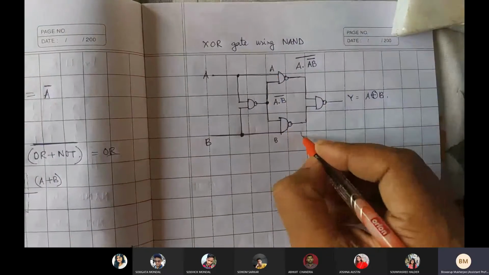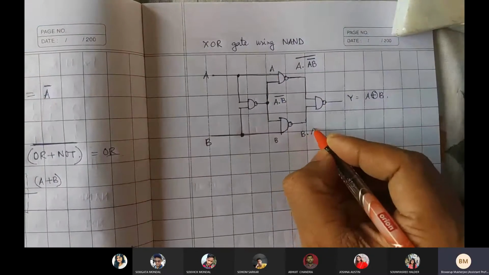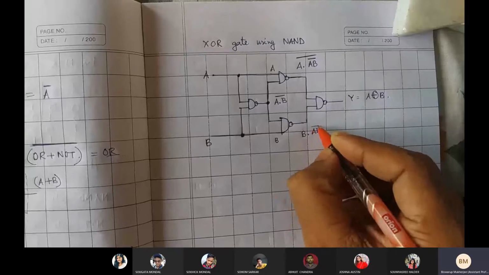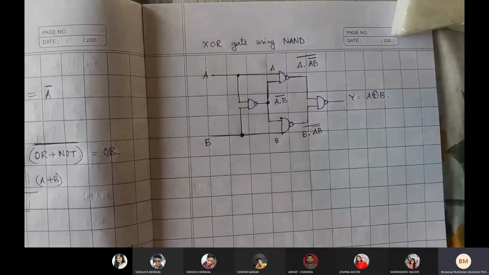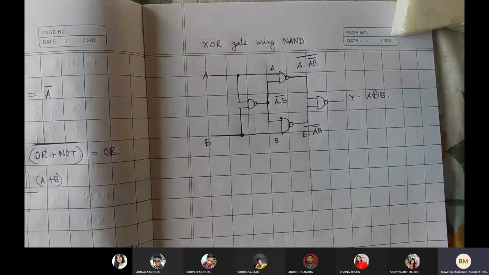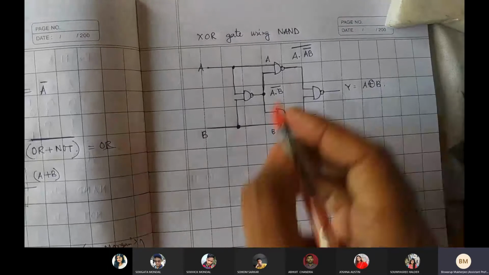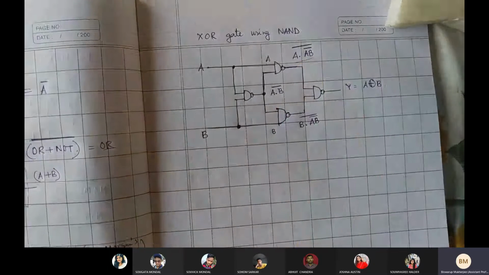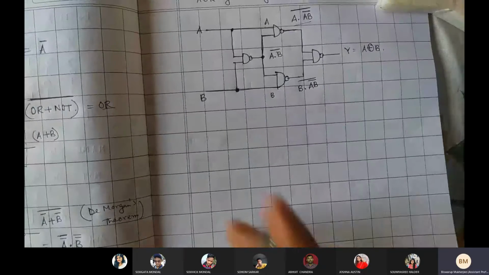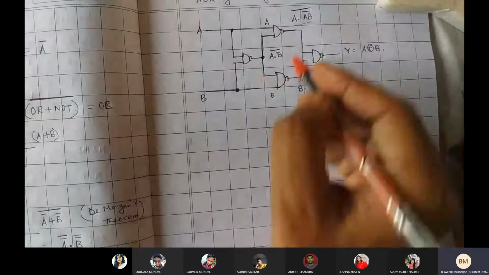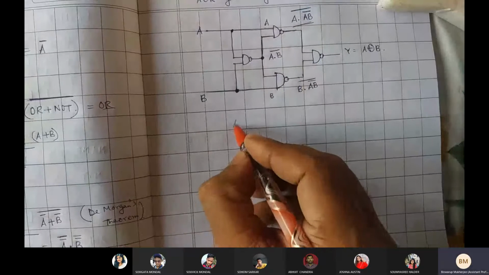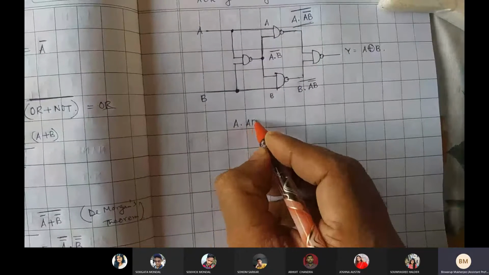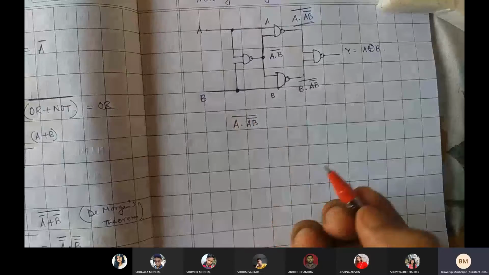And we'll be getting here B dot, again the same thing, (A B bar) whole complement. Okay. Now let me check how to minimize that one. So I'm writing down that one.